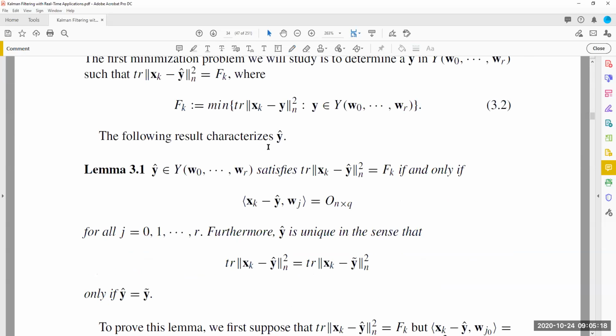So 3.2 is this minimization problem. We just replaced it, we found the best estimate of Sk from a space, here V0 until Vj minus 1.